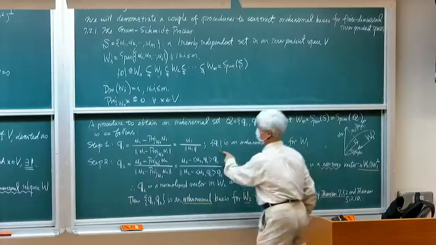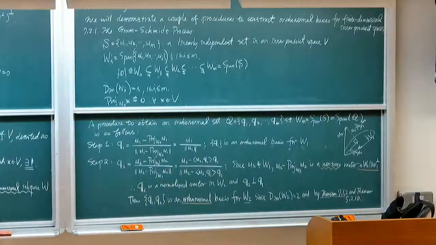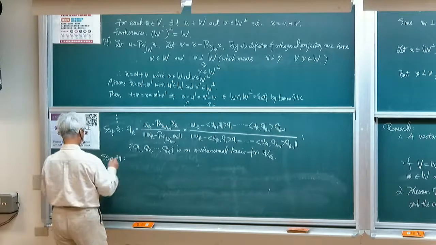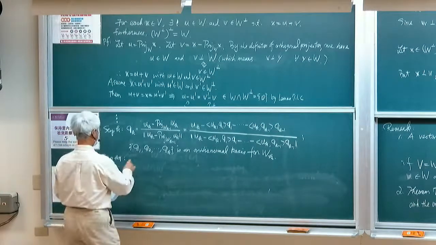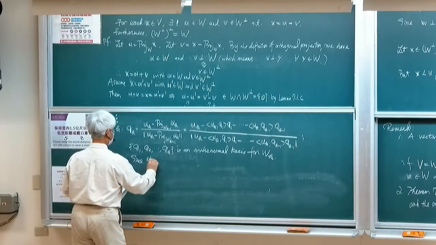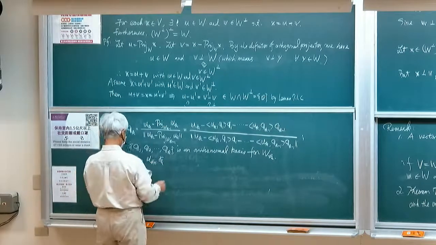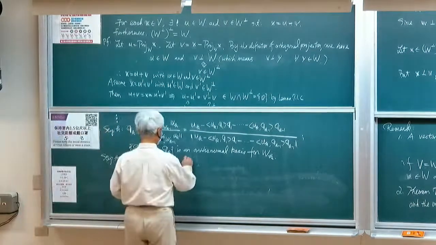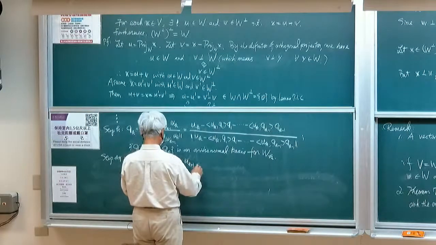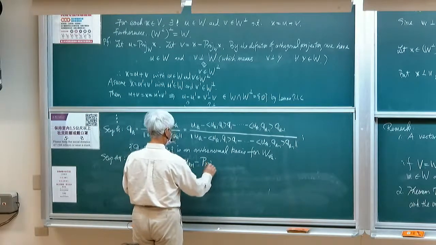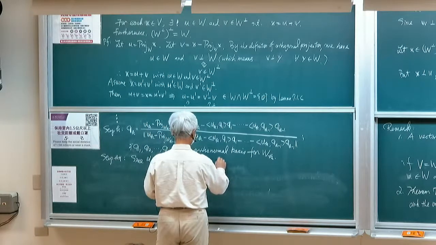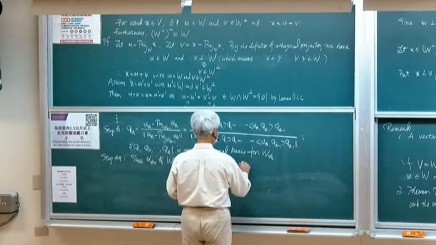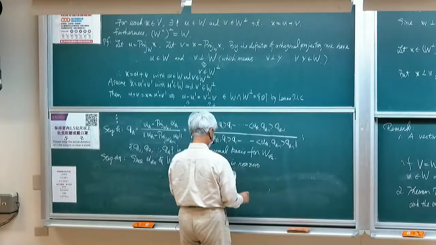Now we go to step K plus 1. Since U sub K plus 1 is not in WK, the difference of U sub K plus 1 minus its orthogonal projection onto WK is non-zero.